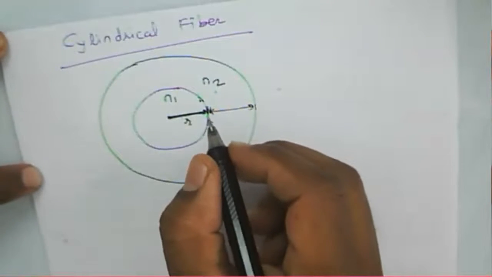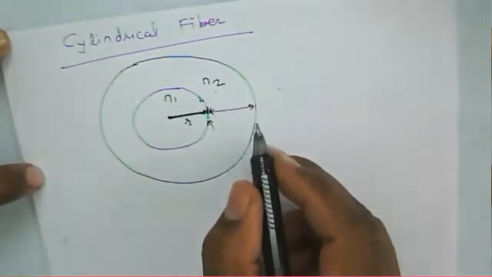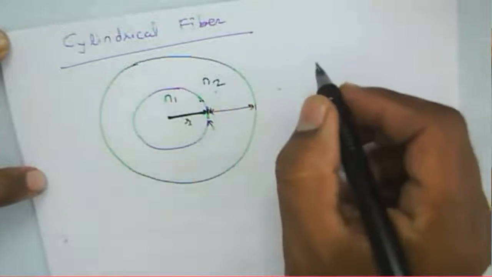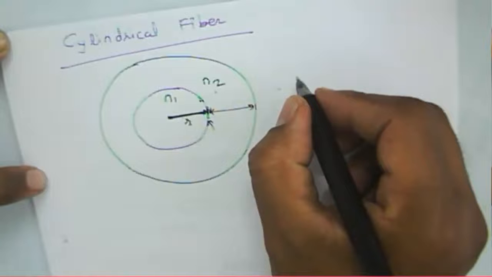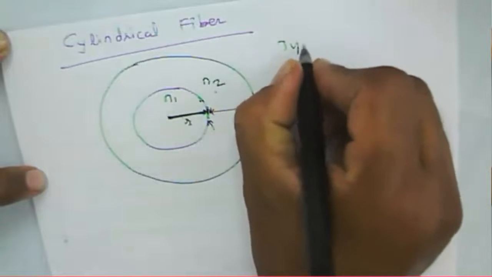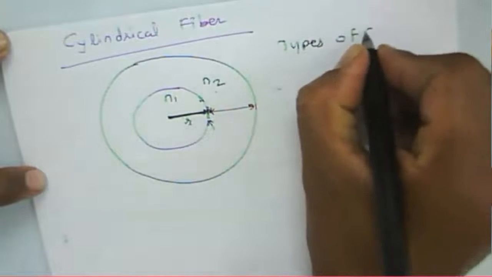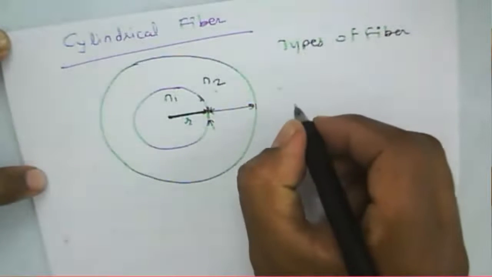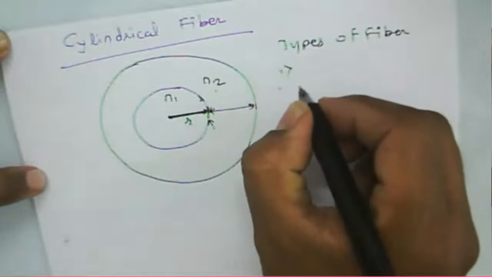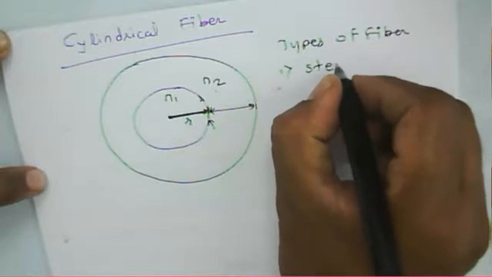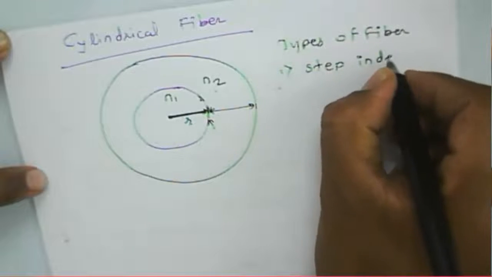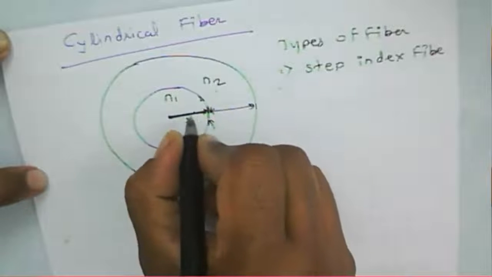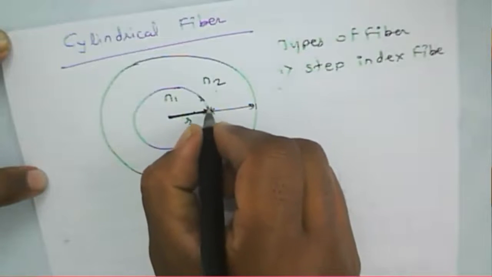Now we consider this fiber, and based on the variation in the refractive index of the core, there are types of fiber. In that case, the fiber is called a step index fiber because the variation in the refractive index is a step.